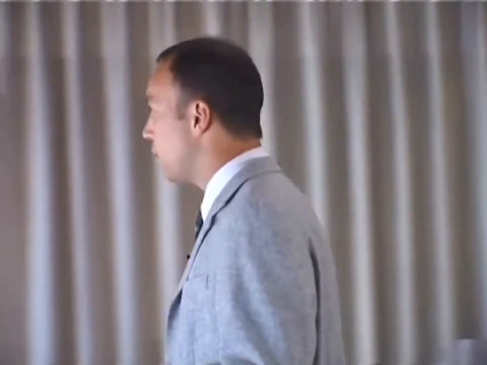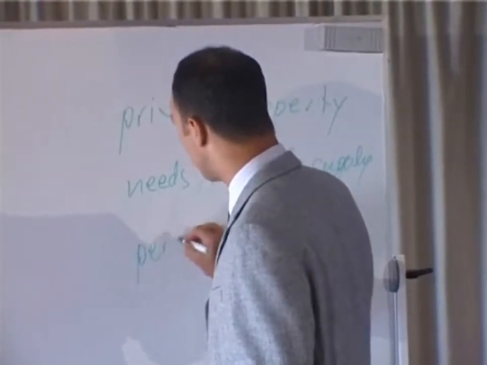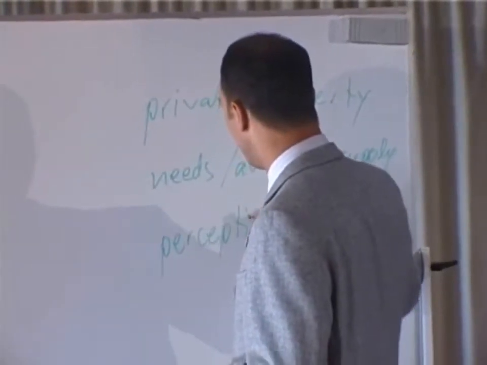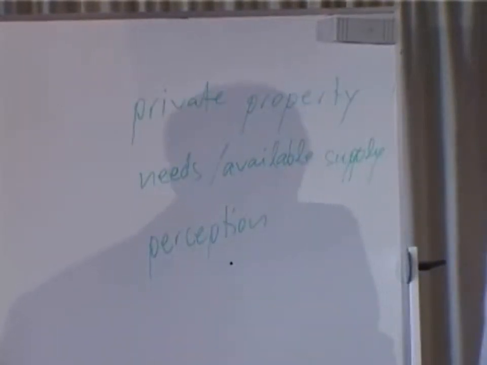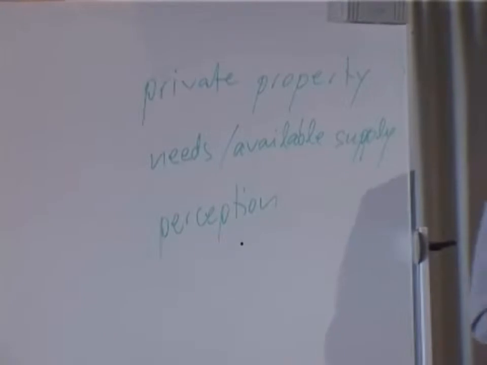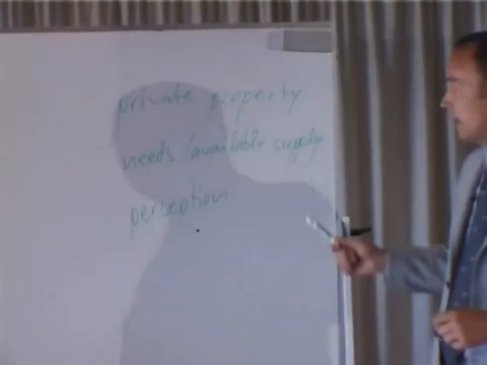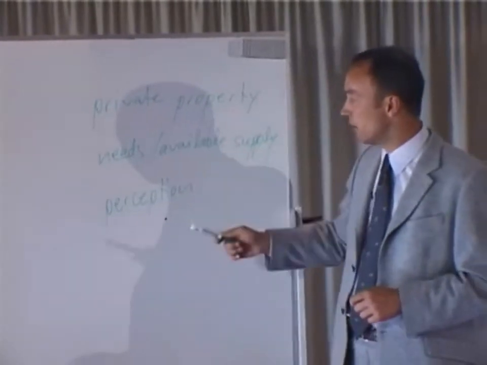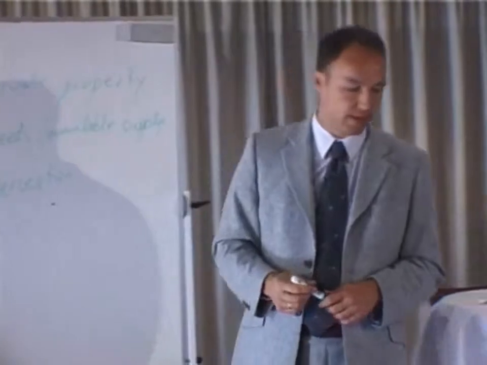So then we have an economic good. And then what we also would need is perception of the existence of the situation. That is, we might have certain goods that are in fact true goods and economic goods, but because we don't perceive them to be such, there are no economic goods at all.